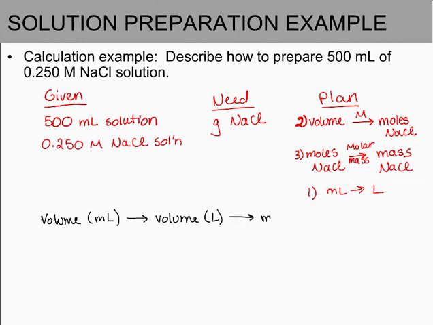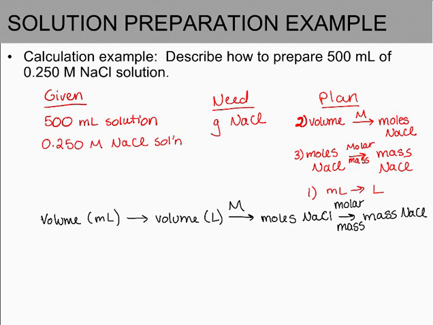And then we'll go to moles of NaCl and then to mass of NaCl. So in step 1, we're just converting from milliliters to liters, so we'll just use our known ratio there. And then to go from volume to moles, we need the molarity. And then to go from moles to mass, we need the molar mass.